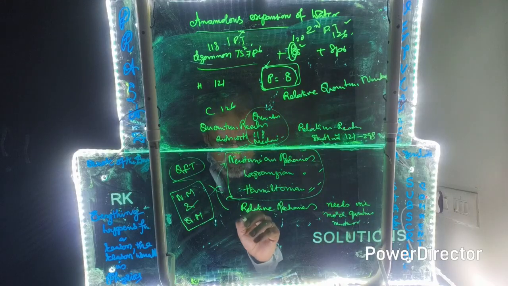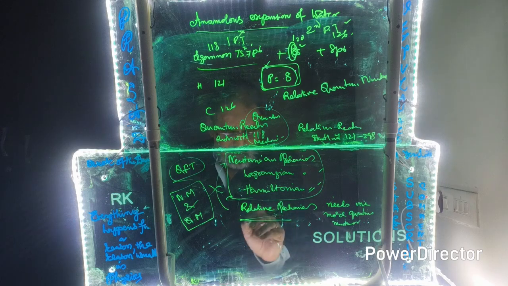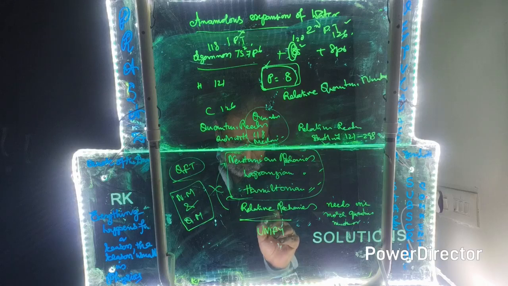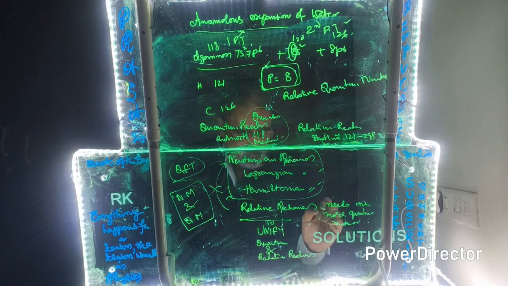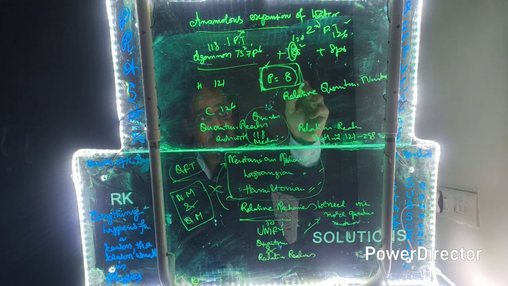And unless we include that quantum number, we cannot account for, rather unify, the quantum and relative realms. We need one more quantum number. That is the eighth principal quantum number.